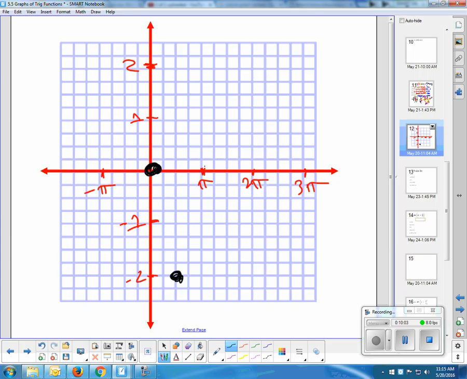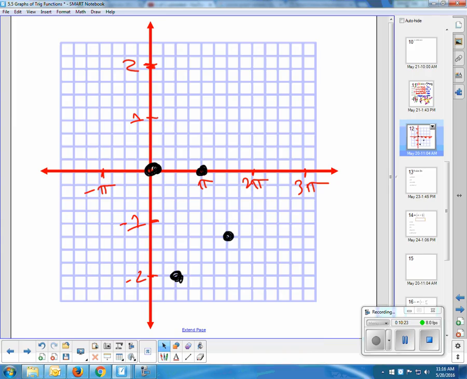The parent function has a 0 at pi comma 0. If I stretch it, it doesn't go anywhere, and if I reflect it, it doesn't go anywhere either. The parent function would have a point at 3 pi over 2 comma negative 1.